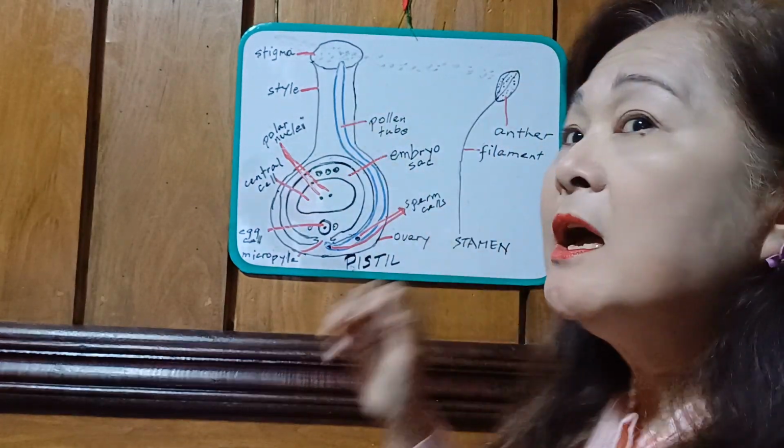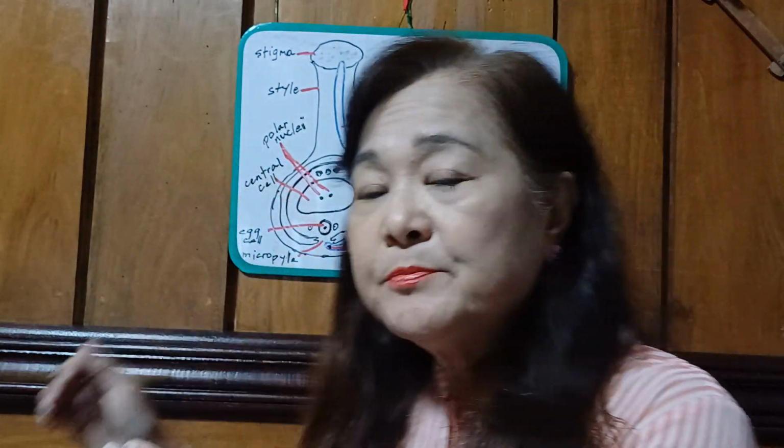In that case, the genetic makeup in the pollen grains is different from the genetic makeup in the egg cell, so that the resulting offspring will have a genetic makeup different from those in the sperm cell and in the egg cell.